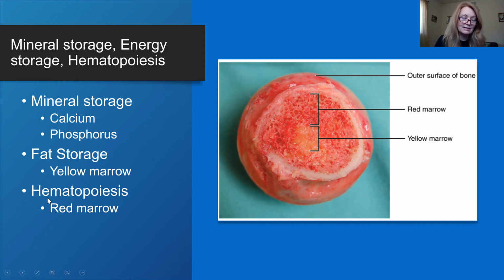Formation of blood cells is called hematopoiesis. It's called red marrow, but you form not only red blood cells, you also form white blood cells and platelets. So not just red blood cells.